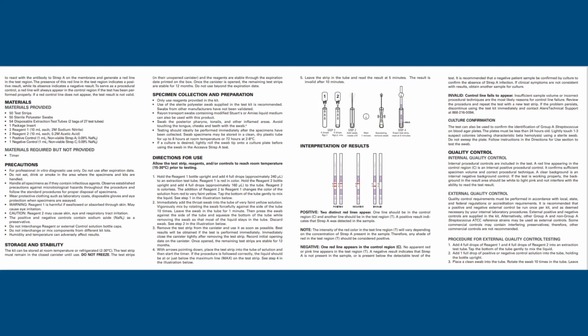A laboratory could create their own procedure that may exceed the manufacturer's procedures and requirements, but they can't do any less than the manufacturer requires. In this particular test, you're going to have a positive and a negative QC swab within the box, and it's going to be run each time a box is opened.